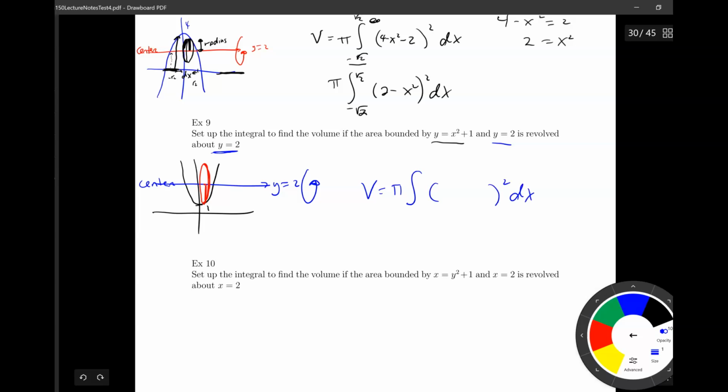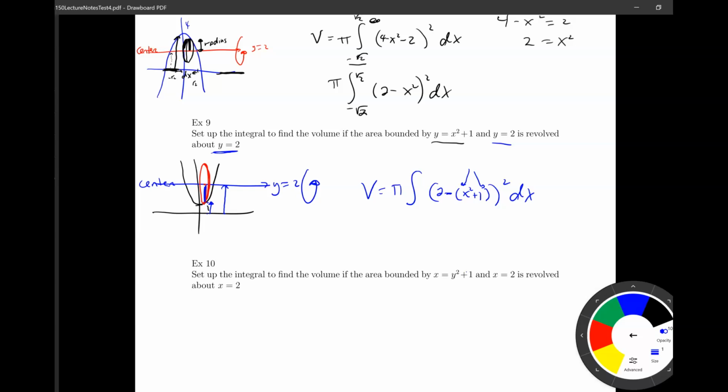All right, so how am I going to find that radius? So the radius will be go up to here and take away this, right? To get this distance right here, you want to go all the way up to 2 and subtract off the parabola, which is x squared plus 1. So be really careful with these extra parentheses in here because this subtraction has to carry through to both of them.